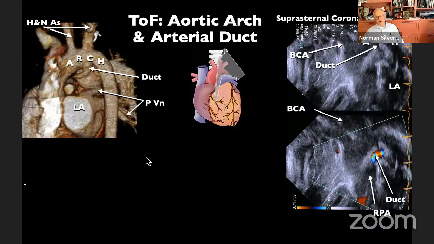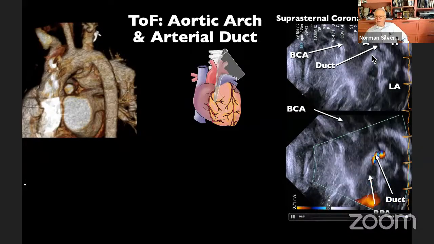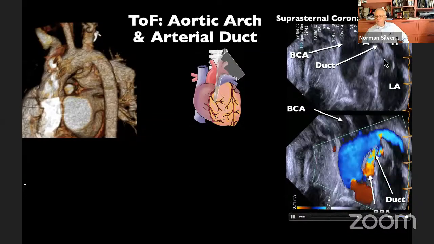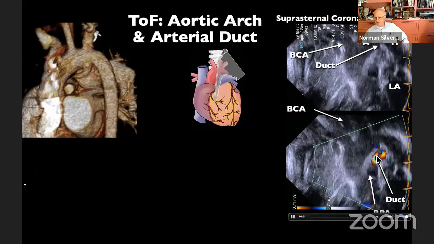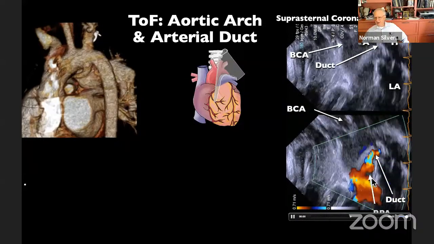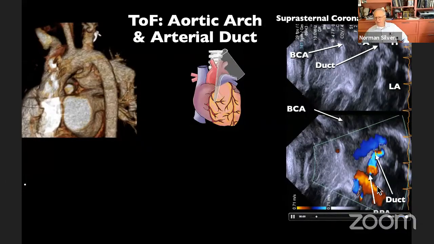And so you see the arch with a vertical duct and the pulmonary veins and left atrium cut across in this beautiful cine CT from Dr. Tony Lavacek. And here I've oriented the echo exactly in the same plane. So you see the aortic arch, and you see the vertical orientation of this ductus with this sort of a meandering pattern down to a pulmonary trunk, which has no prograde flow into it.